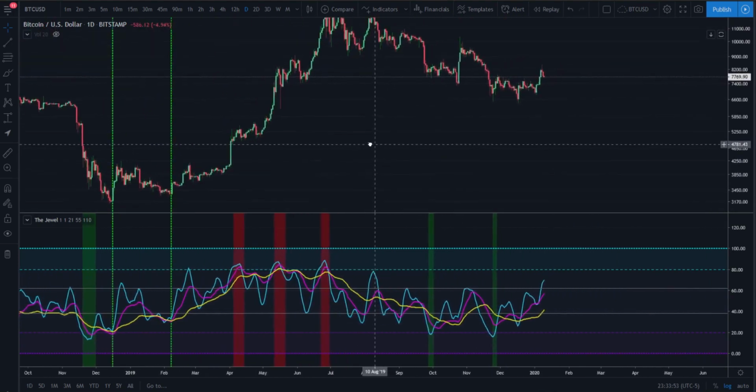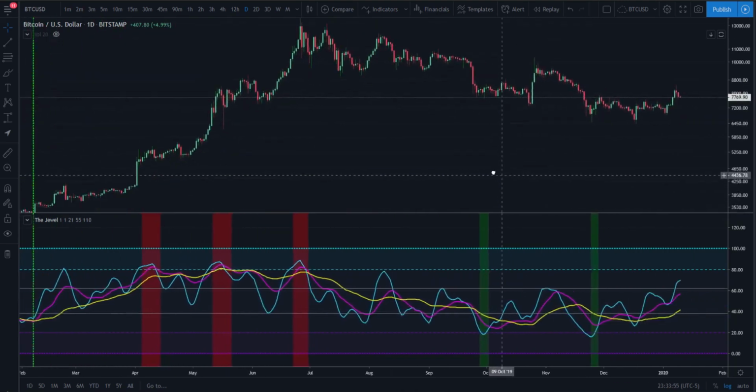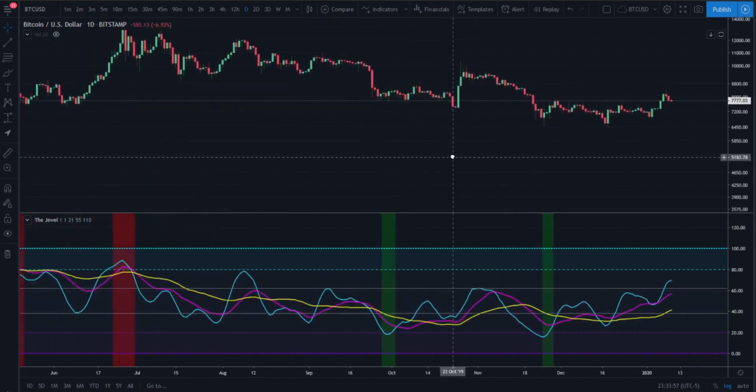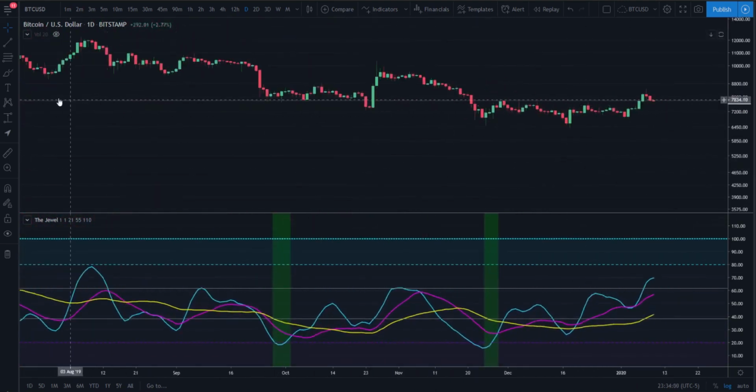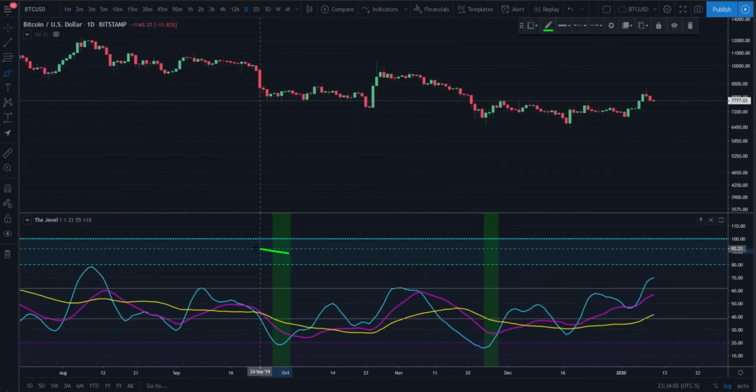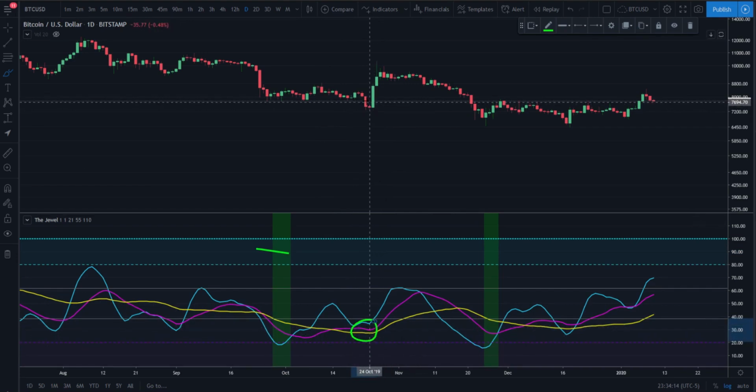You get other ones. Let's see a perfect one right over there, exactly the same pattern again. So you get background, blue comes up, comes back down, and uses yellow and purple as support, and you get this move back.